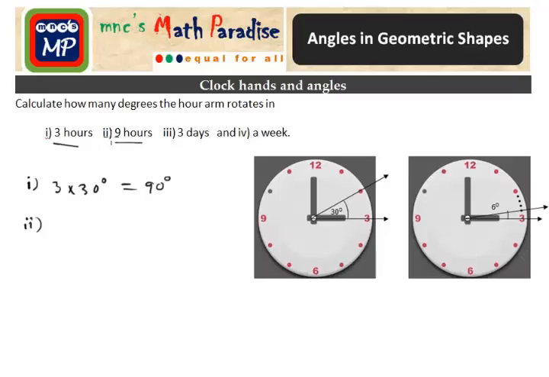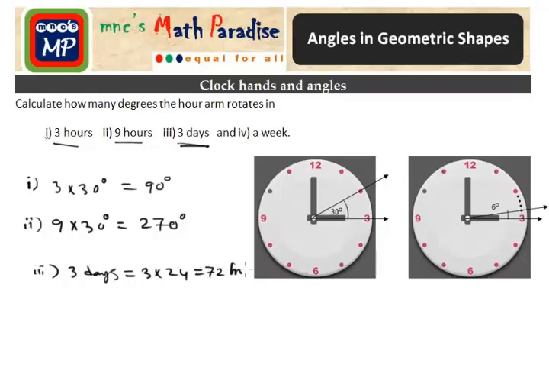Question 2. When the hour arm covers 9 hours, so for 1 hour it is 30 degrees, so for 9 hours it will be 9 times 30, that is 270 degrees. For 3 days, for 1 hour it is 30 degrees, so we need to convert these days into hours first. So 3 days equals 3 times 24, that is 72 hours.